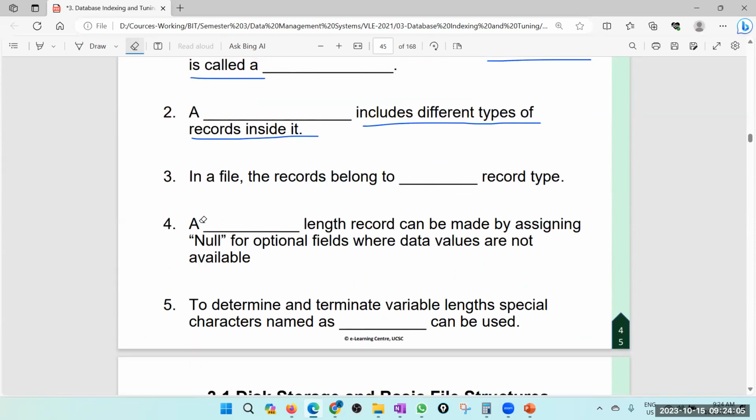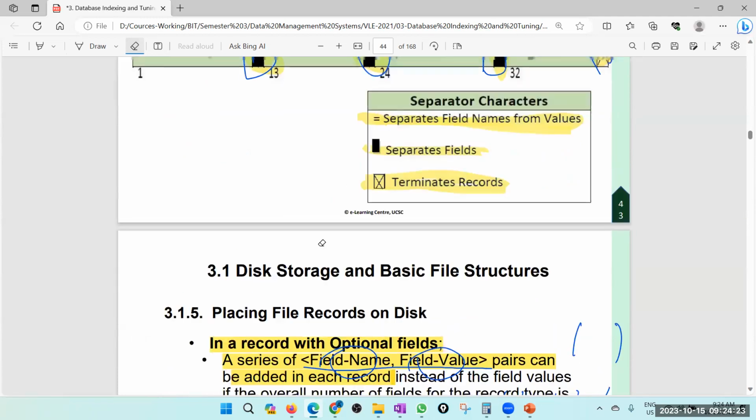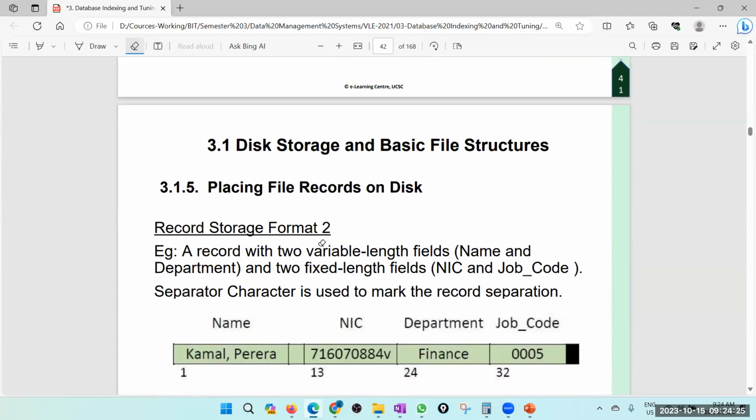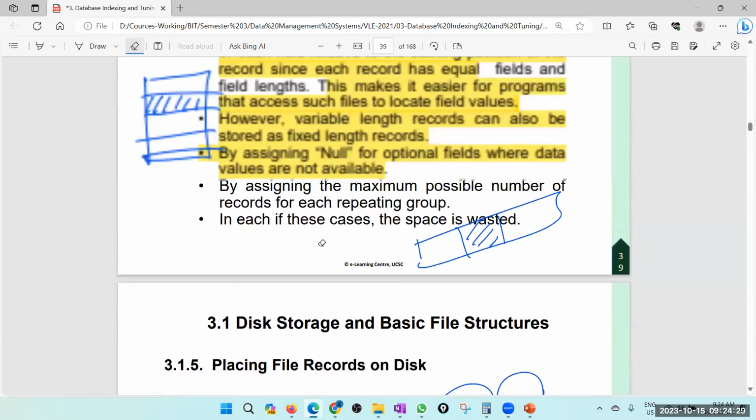A fixed length record can be made by assigning null for optional fields where the data values are not available. Null for optional fields. So we have to at least say there's a value, and the value is null, because we can't skip it.